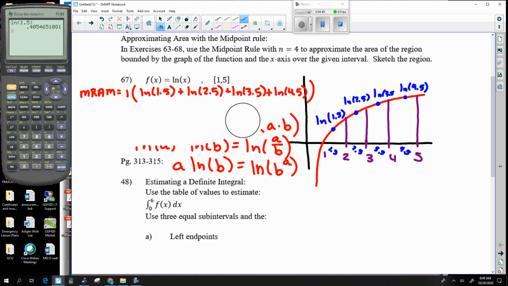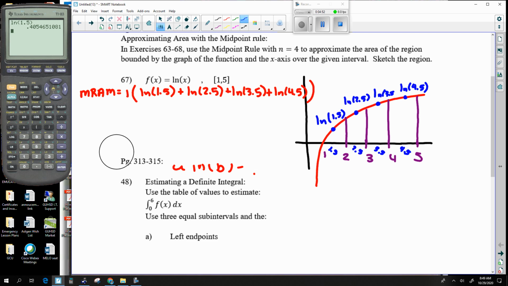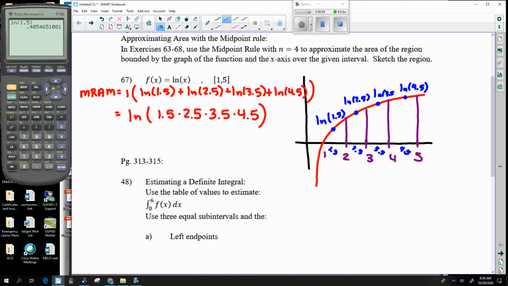So in this case, this is going to be the ln of 1.5 times 2.5 times 3.5 times 4.5. Let me try that one time. ln of 1.5 times 2.5 times 3.5 times 4.5.